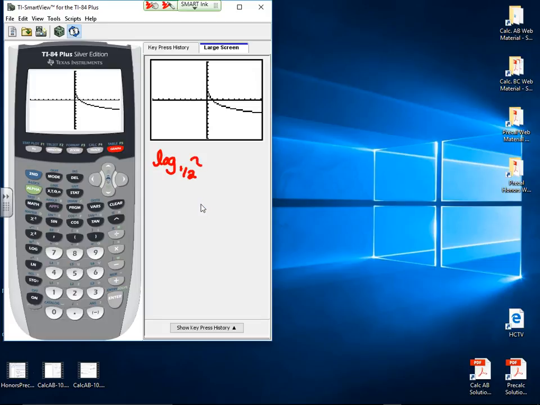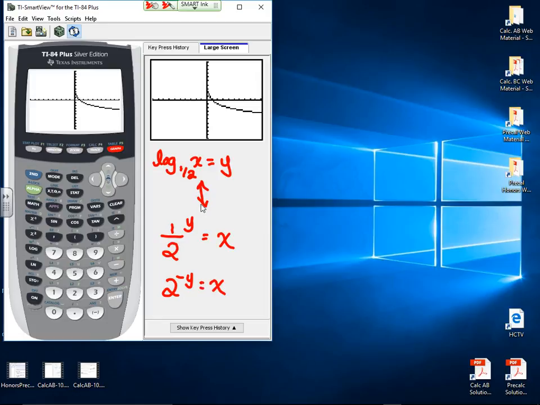Log base 1/2 of x, let's say it equals y. Do you guys remember how to look at this as an exponential? Log base 1/2, so 1/2 is the base. Who's the power? y. Oh, isn't that 2 to the negative? Tricky, tricky.